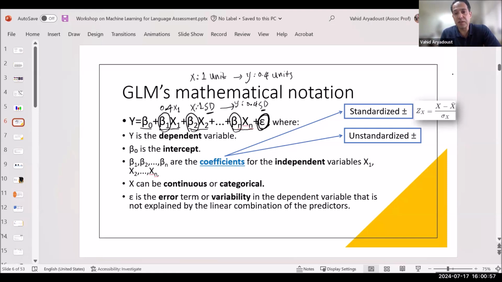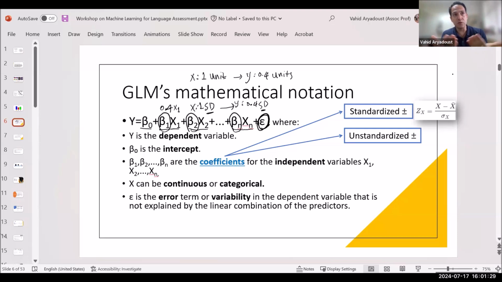As you can see, both of them are really useful. Standardized is useful in the sense that it kind of squashes your values and you can interpret it more easily in terms of standard deviations. And it's quite similar to what we traditionally refer to as the effect size. The effect size is basically, for example, in t-tests, the difference between two mean values divided by the pooled standard deviation, if you recall from t-tests.